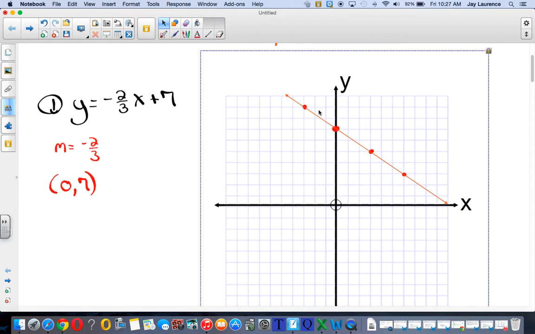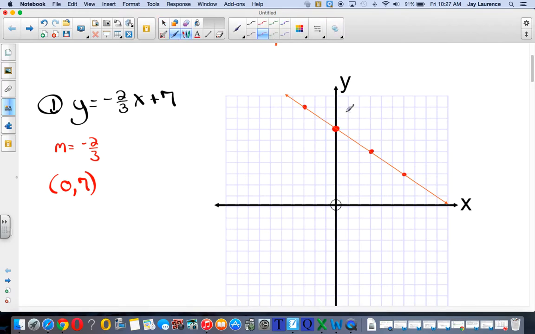All right, now that means that every single ordered pair that makes this equation true shows up on this line. Any point I pick, like (0, 7), will work out true. If I pick this point, this would be -3, and this would be 9. So I'm saying (-3, 9) is on the line.